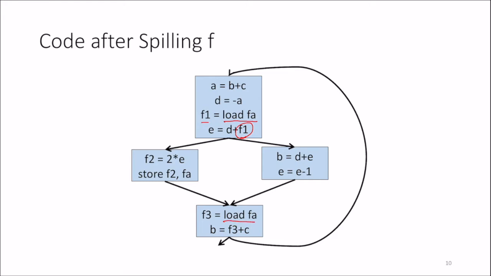Same here, it's loading from memory address FA, storing it in F3 and then using F3. Notice that F1 and F3 do not survive past this local basic block. It's not used anywhere else in the program. It's just for loading the variable from memory and then storing the variable to memory. So since I assign something to F2, I take F2 and store it into this memory location FA. So this is what the code looks like after spilling F.